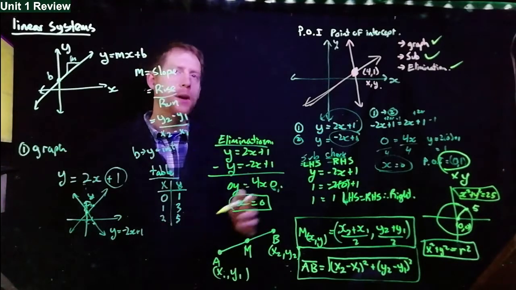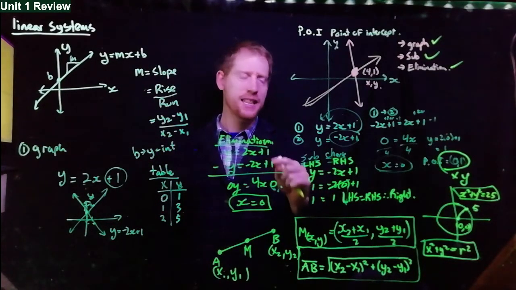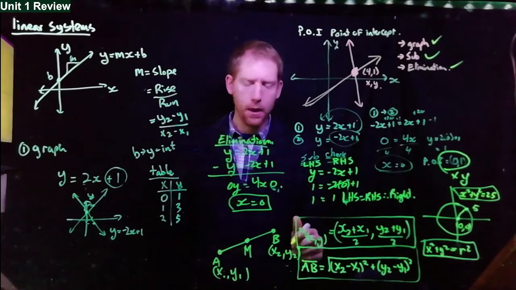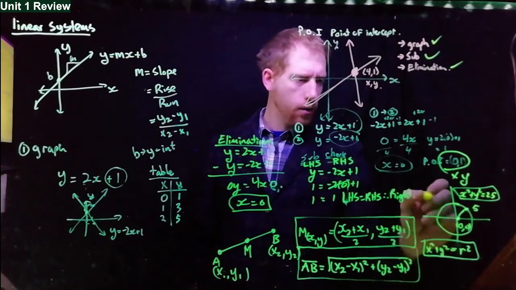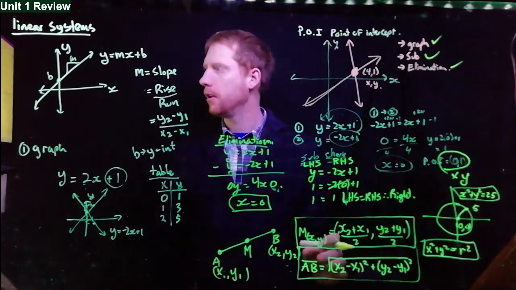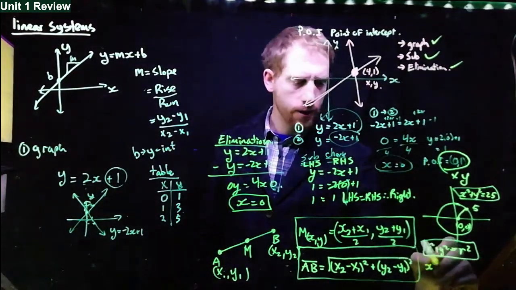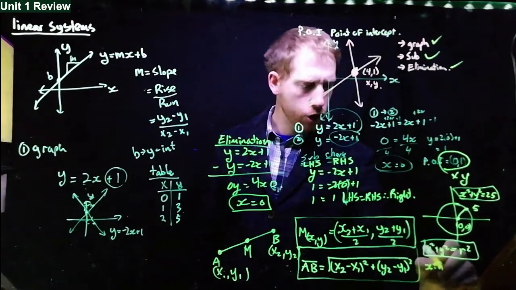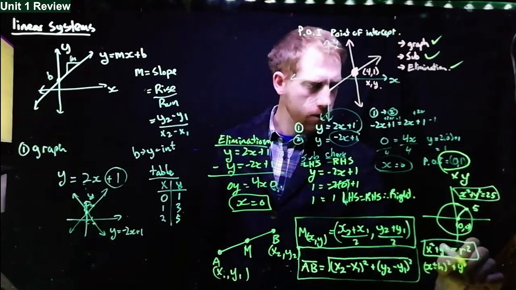Okay. Now, if my circle is not centered at 0, 0, you would have to add or minus the shift because you can actually move that around. Okay, and that equation will look like this. You have (x plus or minus h) squared plus (y plus or minus k) squared is equal to r squared.